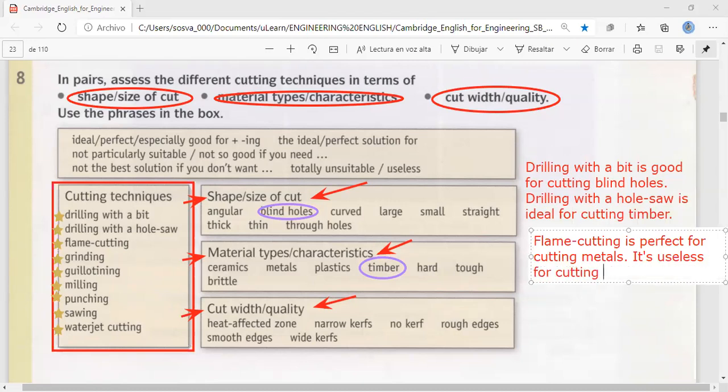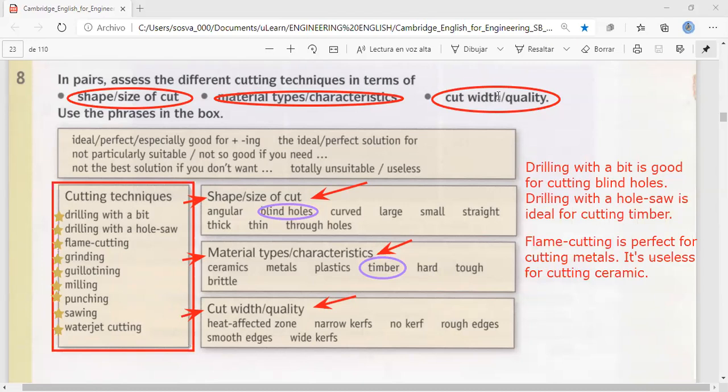Flame cutting is useless if you want to cut wood, because it can burn, and ceramic, for example. So that's what you have to do, to make these comparisons, using the shapes or the material or the weight and quality. That's the main idea of the exercise.